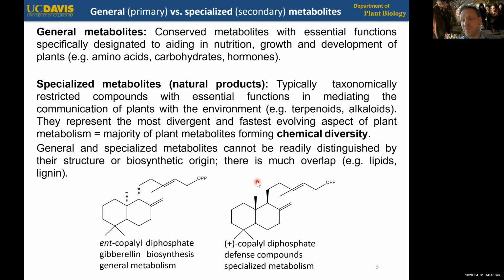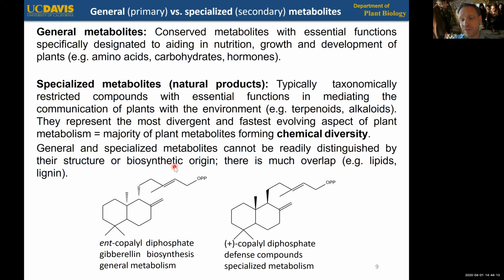Those are obviously structurally very similar, but this difference in stereochemistry is actually enough to completely change the bioactivity of these compounds in their relationship to general and specialized metabolism. So ent-copalyl diphosphate is actually a precursor for production of gibberellins, the plant growth hormones.